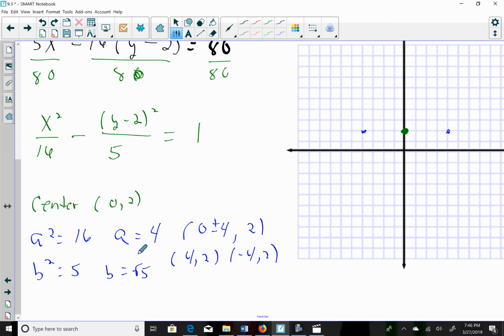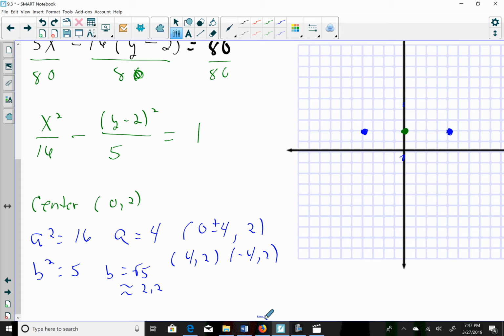So the square root of 5 ends up being about 2.2. And I'm just going to write that so I know how to graph it. That's about 2.2. So to form my boxes, I'm going to go up 2.2 and down 2.2. Oopsie, that was more than 2.2. And here I'm going to make these really big because these are my vertices. These are what I'm going to use to graph. All these other points are just to help me graph.